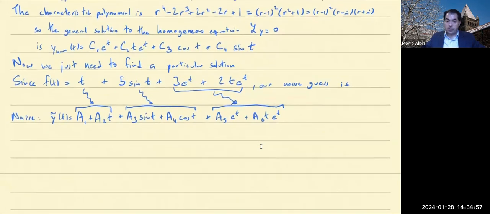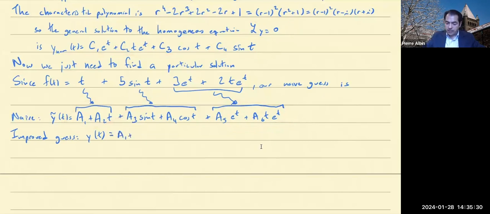Right? Now, we know that we need to watch out for elements in our naive guess that satisfy the homogeneous equation, right? And we just wrote down the general solution of the homogeneous equation, right? So let's improve this to a better guess. So these terms, they do not satisfy the homogeneous equation, so I don't need to change those at all.